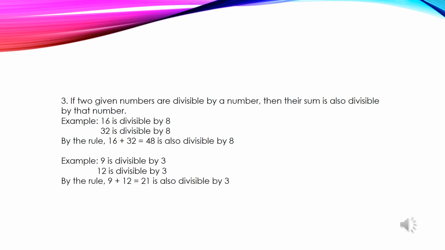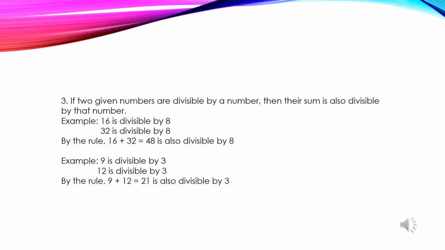The next divisibility rule is that if two given numbers are divisible by a number, then their sum is also divisible by that number. Let us discuss with one example. I am taking 16 and 32. 16 is divisible by 8 because you know the divisibility rule children, and 32 is also divisible by 8.